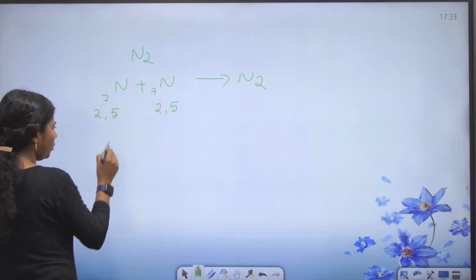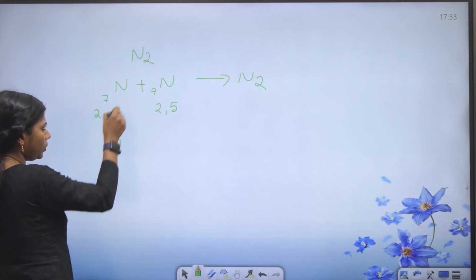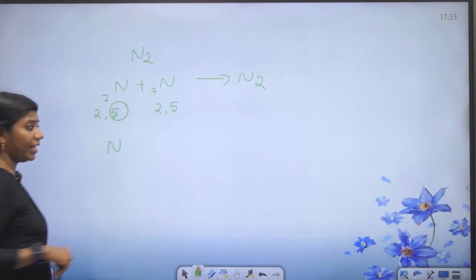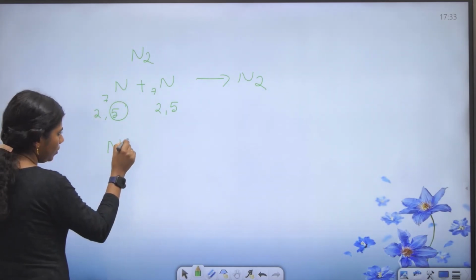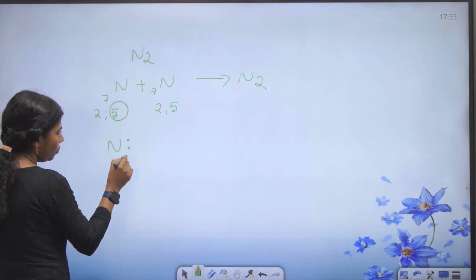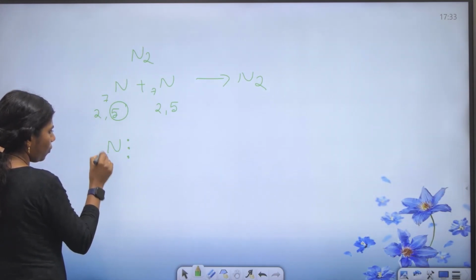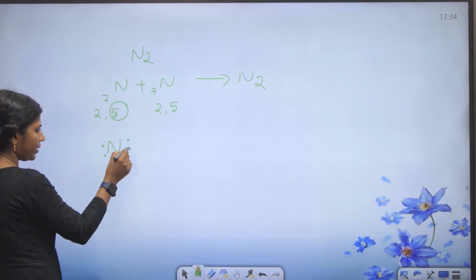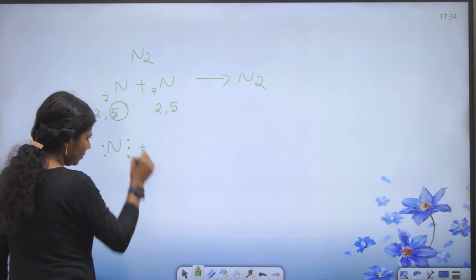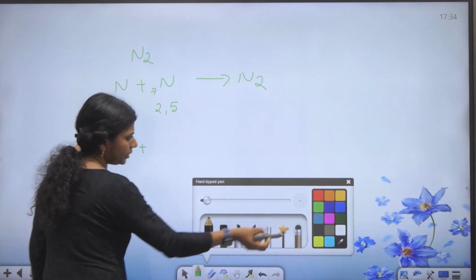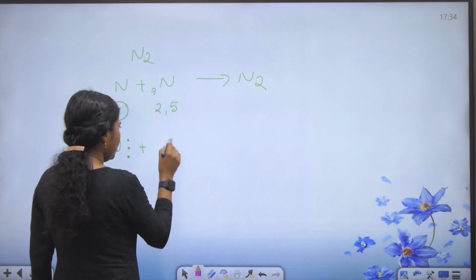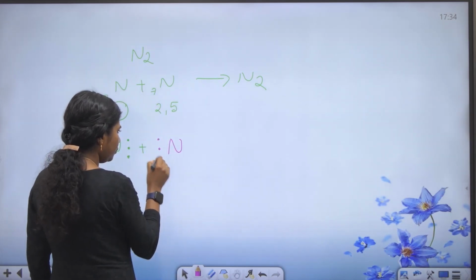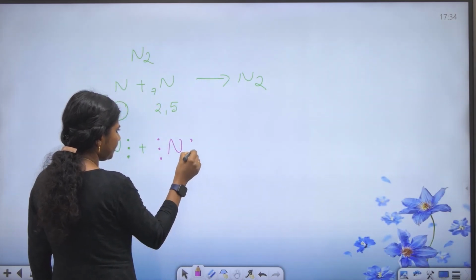Draw the electron dot structure. The valence shell contains 5 electrons: 1, 2, 3, 4, 5. This is the electron dot structure of the nitrogen atom. And the second nitrogen atom: 1, 2, 3, 4, 5.